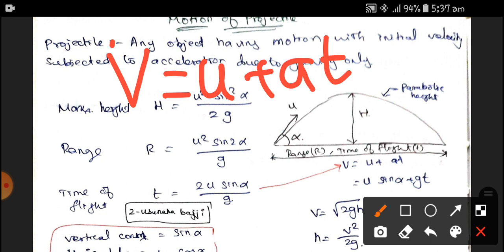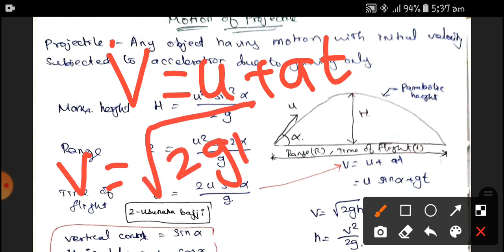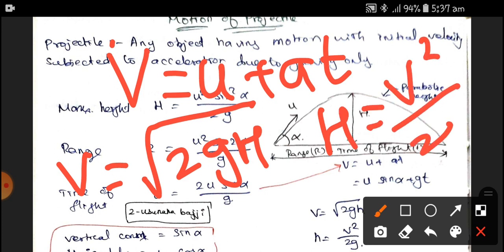From this, we get the equation v is equal to root of 2gh, where h is equal to v square by 2g.